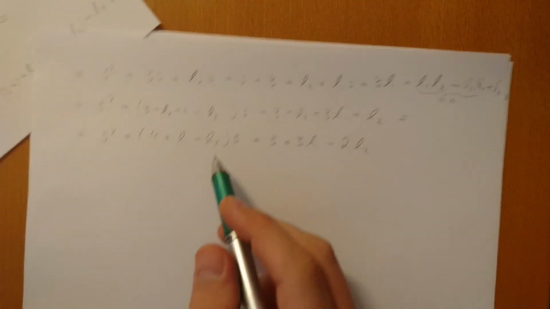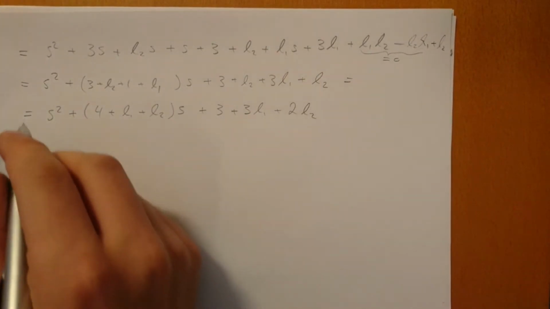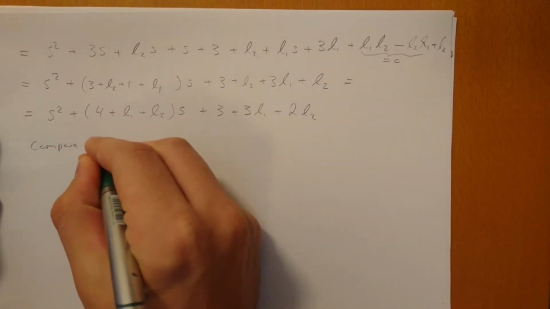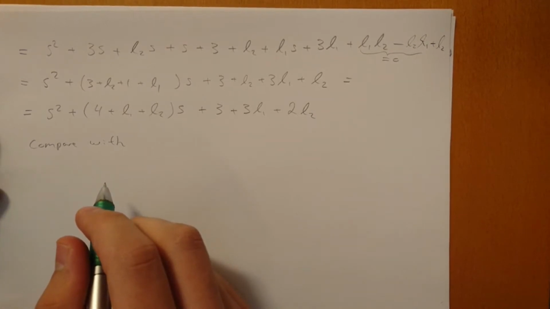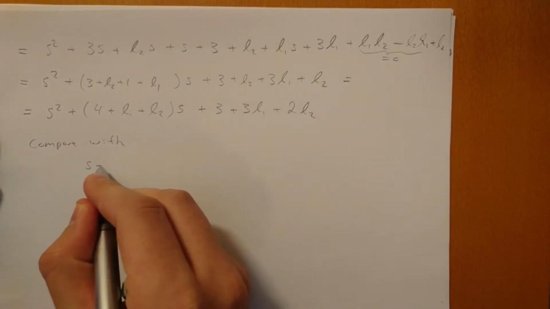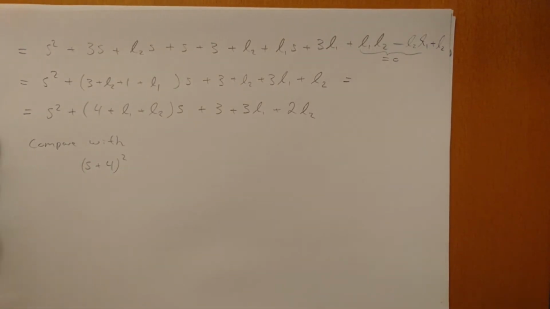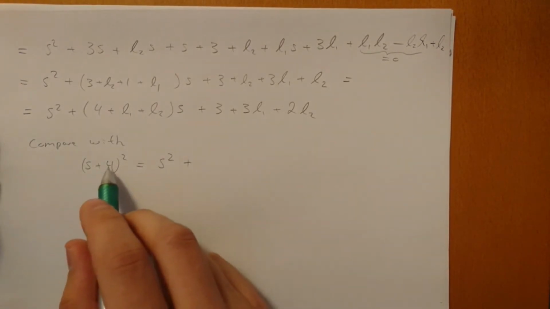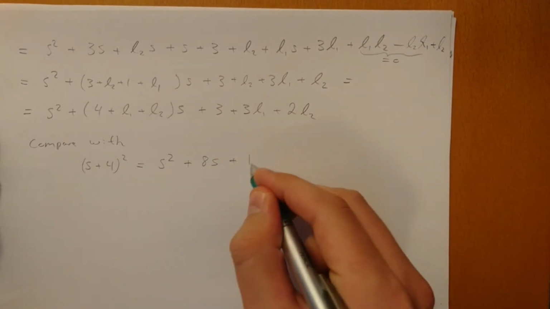Alright, so what we have to do next is to compare this with the desired pole polynomial, which was what? Well, it was this, since we wanted both the poles at minus 4. So if we expand this, we get s squared plus 2 times 4, 8s, plus 4 squared, which is 16.